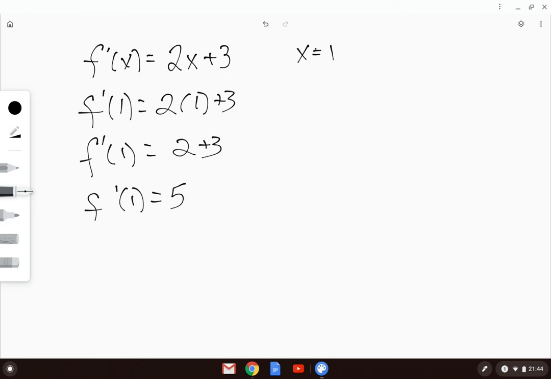So for this example, the slope of my tangent line is going to be 5. All right, so I know my x1 is going to be 1.